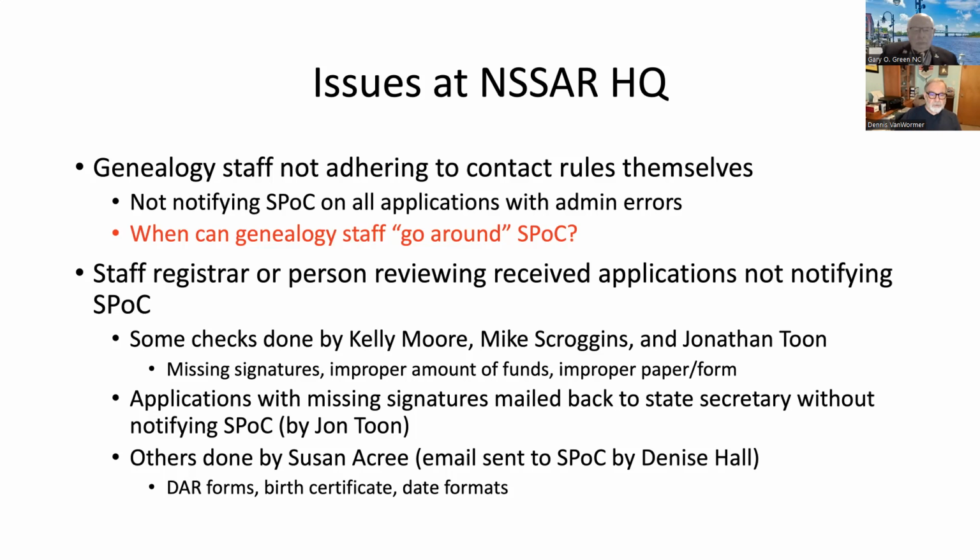Other items are done by Susan Acree, DAR, checking the DAR forms, checking the birth certificates, date formats, and those problems she passes on to Denise Hall, who sends an email to the SPoC to inform him of what the issues are.